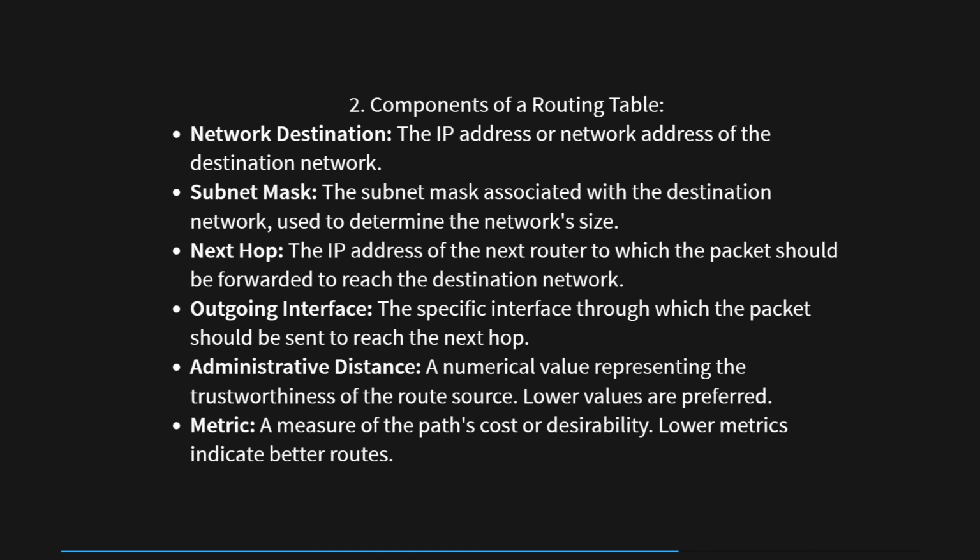Additionally, the administrative distance is a numerical value representing the trustworthiness of the route source, with lower values indicating a more preferred route. Lastly, the metric is a measure of the path's cost or desirability, where lower metrics represent better routes. Together, these components enable routers to efficiently direct packets to their intended destinations across complex networks.